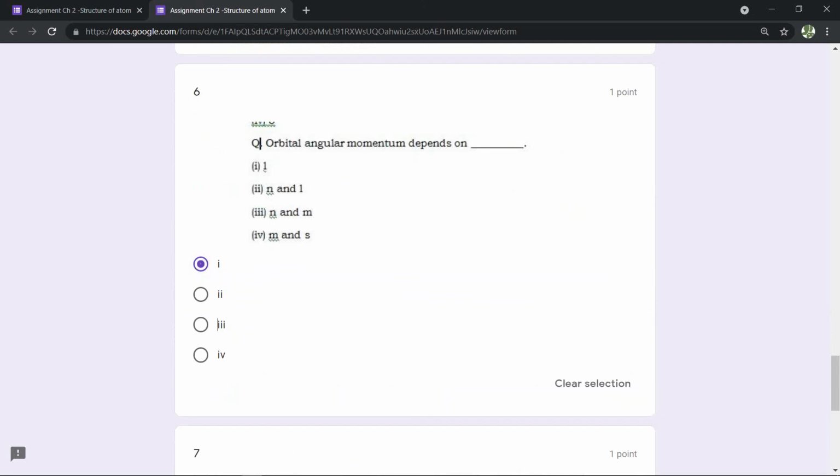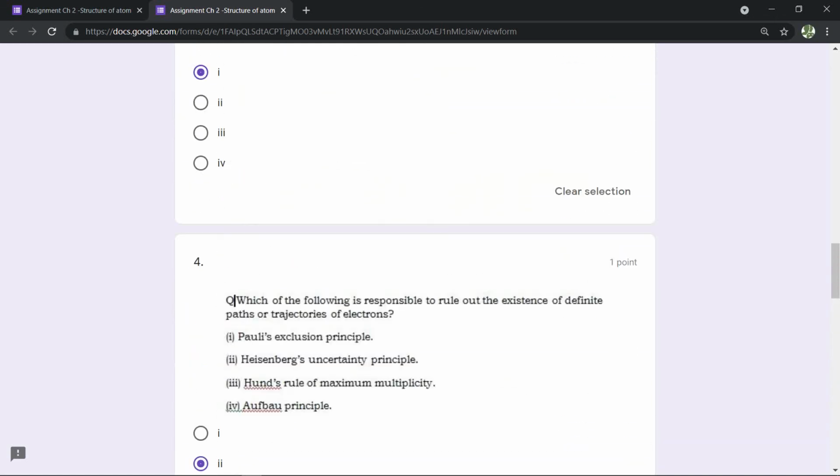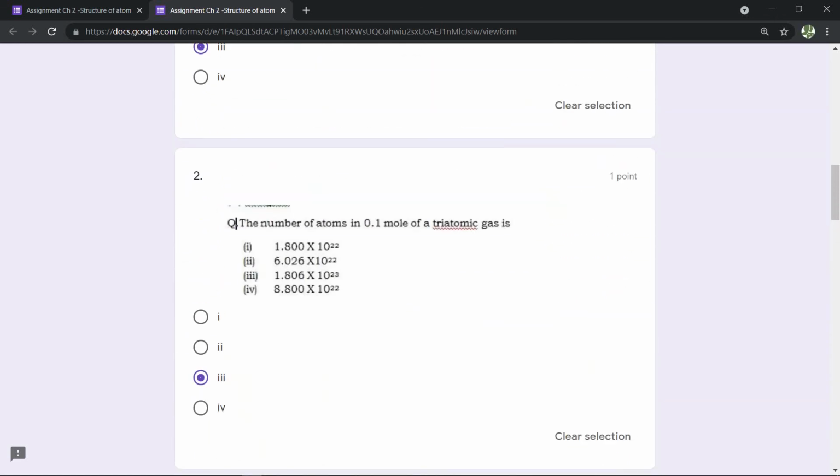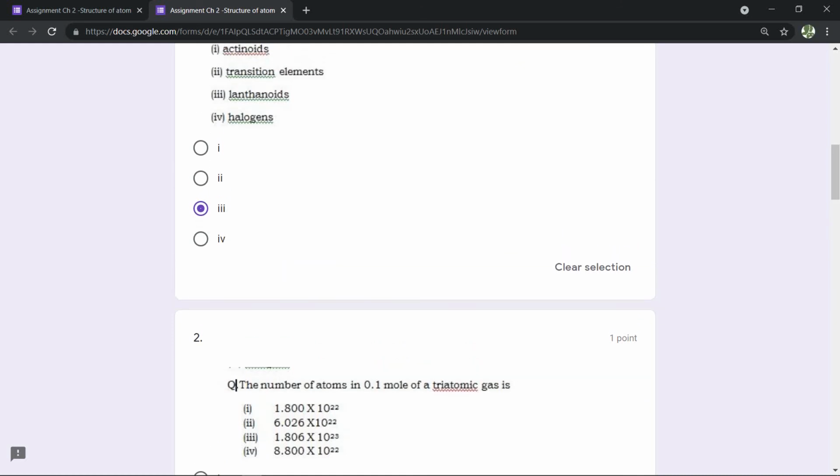Yes, answer is first part. Ma'am, the question is asking the orbital angular momentum. Yes, it is not a quantum number, just wait a minute. According to me, it should be the first part. But the question is not about the quantum number.